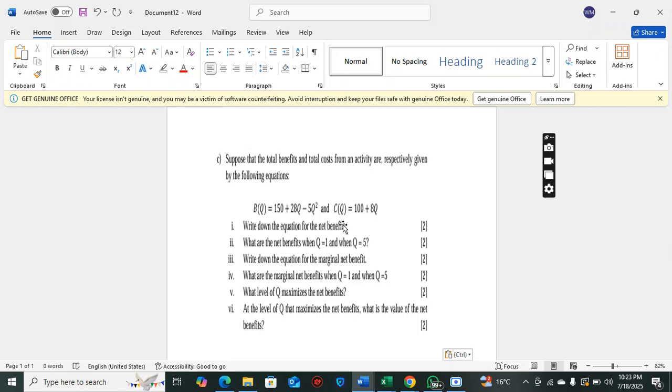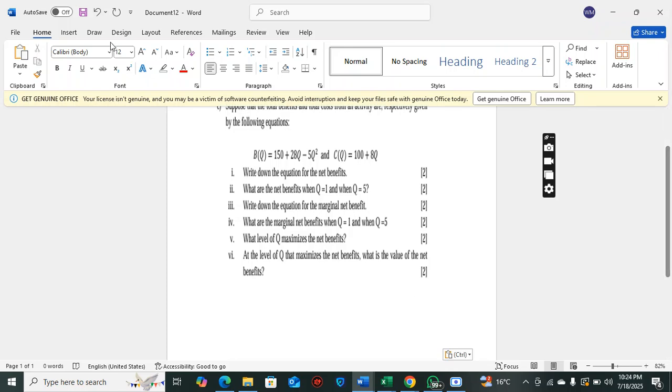That will give you the most profit. In this question, this equation represents the benefits. These benefits can also be revenue. And C represents the cost. So it's saying write down the equation for the net benefits.